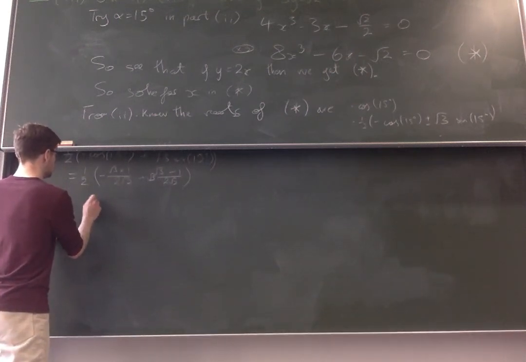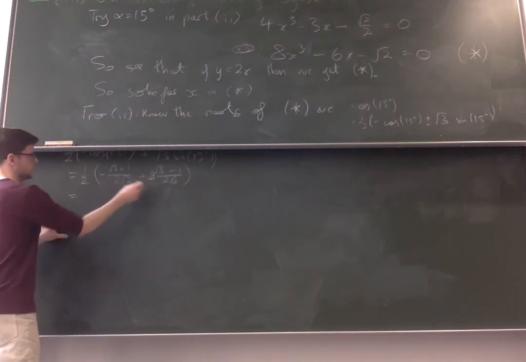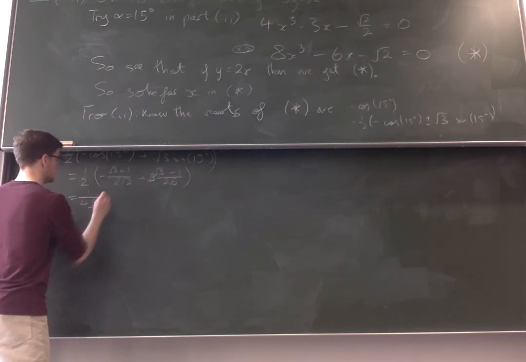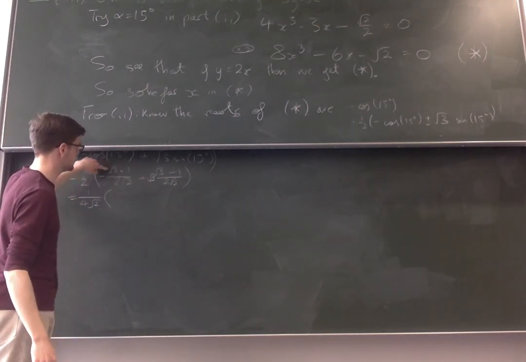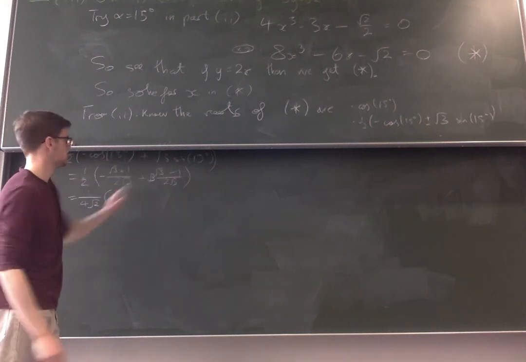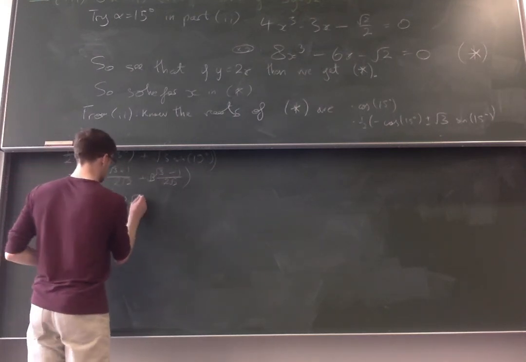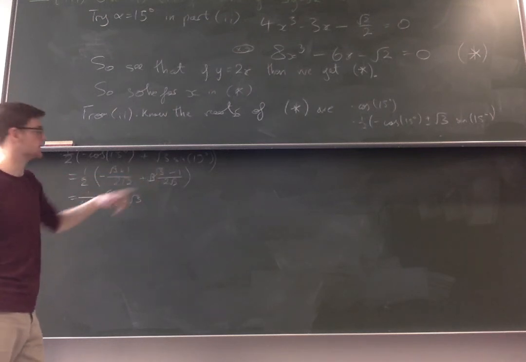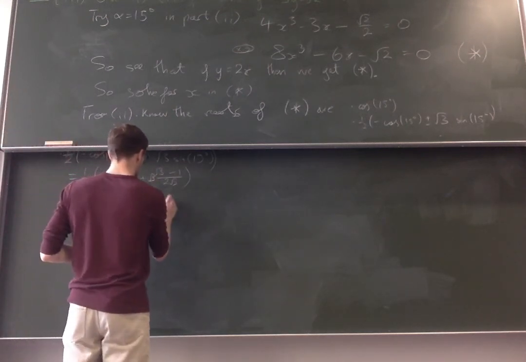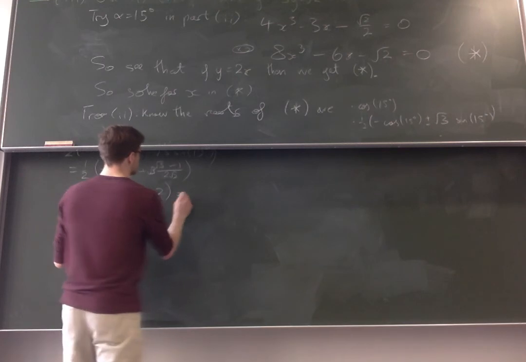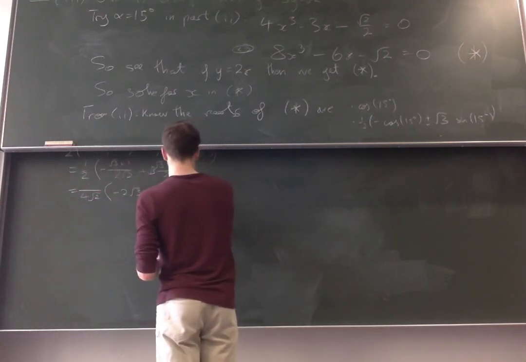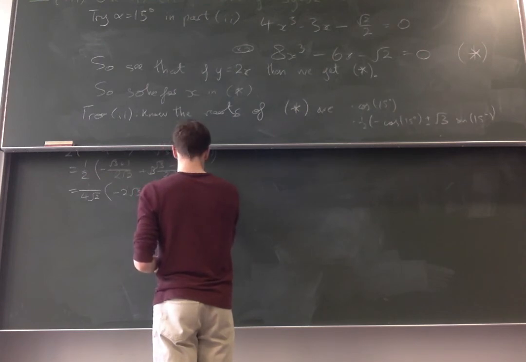Okay, and I'm going to take the 2 root 2 out, so that's 1 over 4 root 2. And I'm going to get a minus root 3 minus another root 3, so minus 2 root 3. Then I'm going to get a minus 1 plus a root 3 squared, so I'm going to get plus 2. Okay, in other words, I'm going to get minus root 3 plus 1 over 2 root 2.